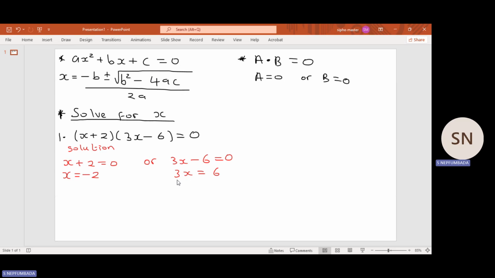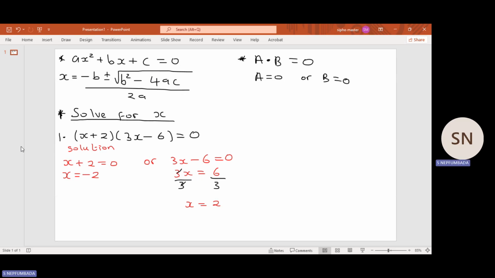They want us to solve for x. So since 3 is the coefficient of x, we divide by it so that they can cancel each other. You will see this one and this one canceling each other. Therefore, we will be left with x equals 6 divided by 3, which is 2.